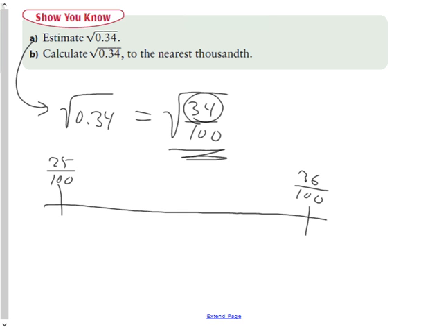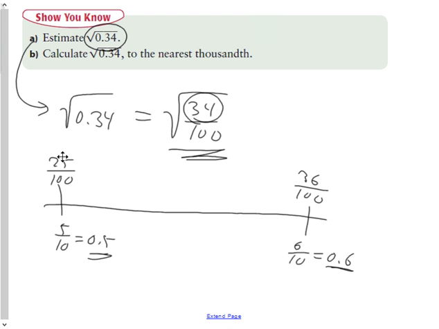What is the square root of 25 hundredths, which we know to be 5 over 10 or 5 tenths? And what is the square root of 36 hundredths, which we know to be 6 tenths or 0.6? So right now, as a decimal, I know that the square root of 0.34 will be between 5 tenths and 6 tenths.